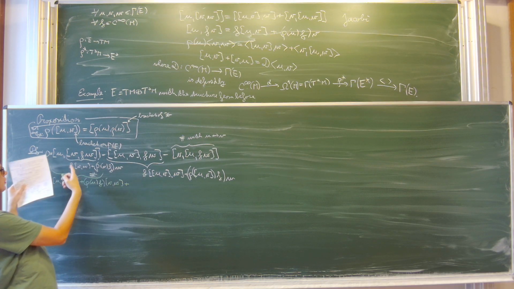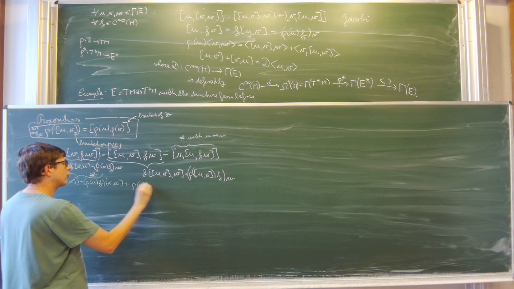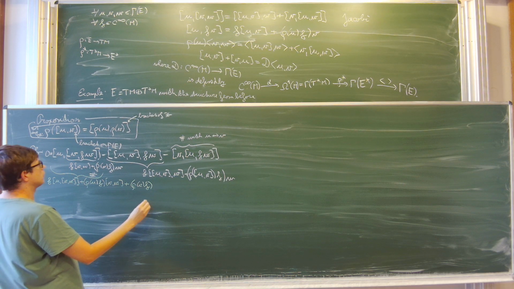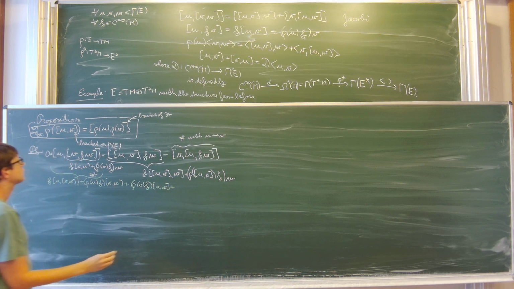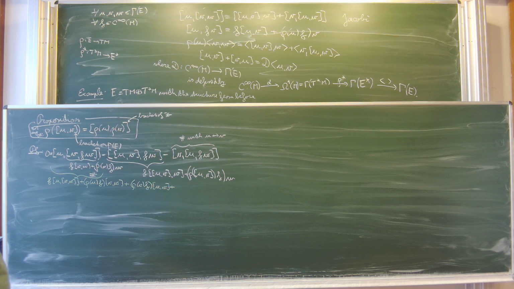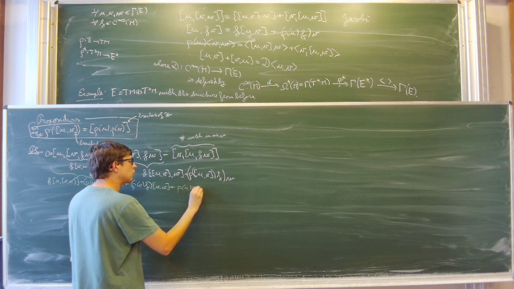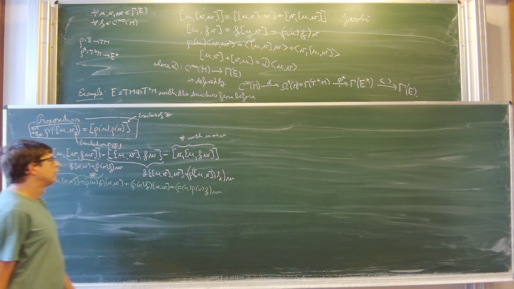There is a function, there is a section, so I need to take it out. So I get rho of U, V on F, and the whole thing times W. Okay, now I have everything.